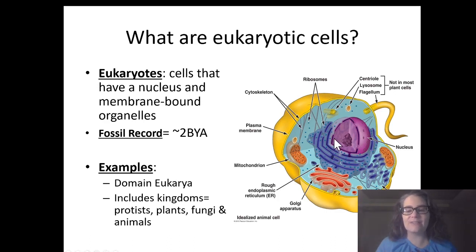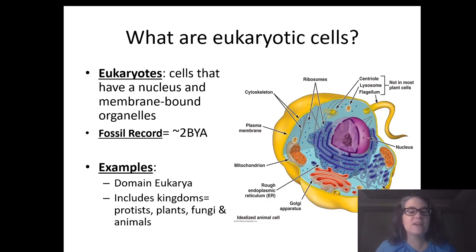Eukaryotes also have, besides the nucleus, lots of other membrane-bound organelles. Like over here, we have the rough and smooth ER, the mitochondria, we have a Golgi apparatus. So these kinds of vacuoles, we have these kinds of organelles that also are in their own membrane-bound, separate containers in the liquid of the cell.